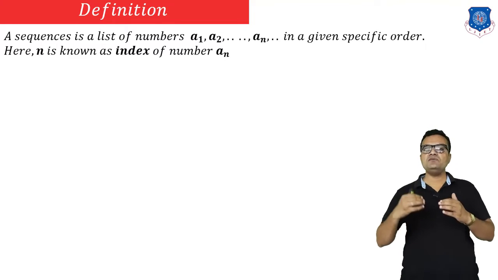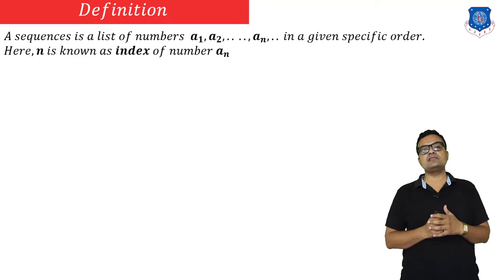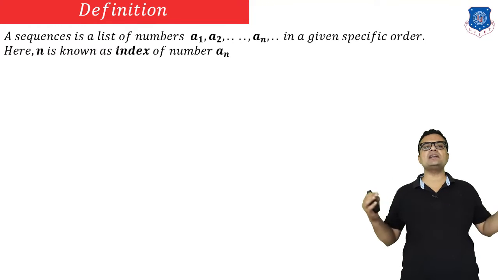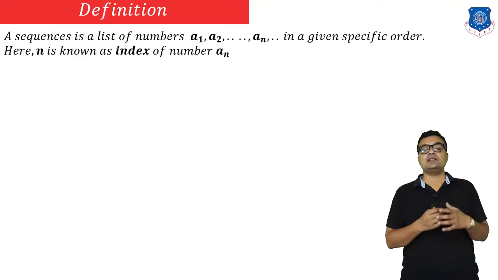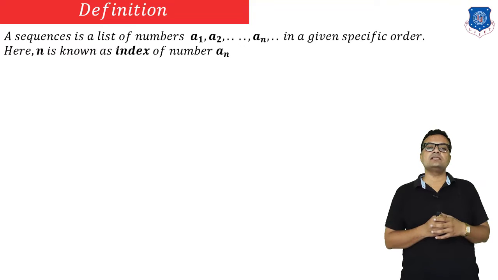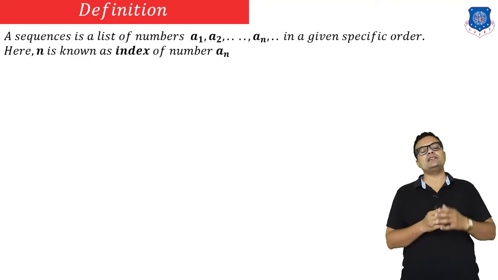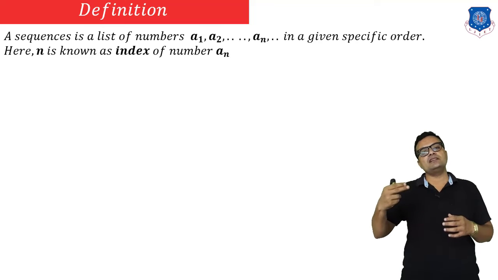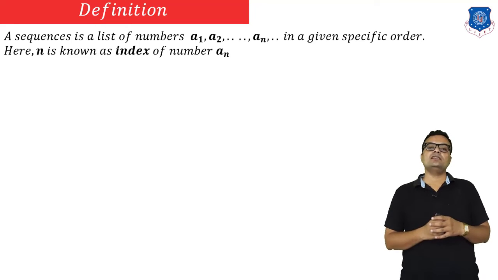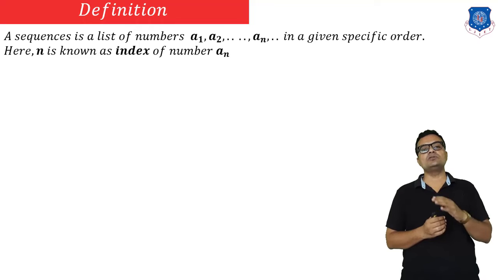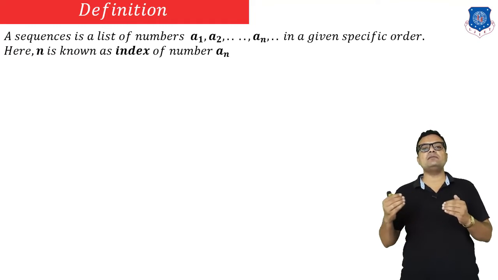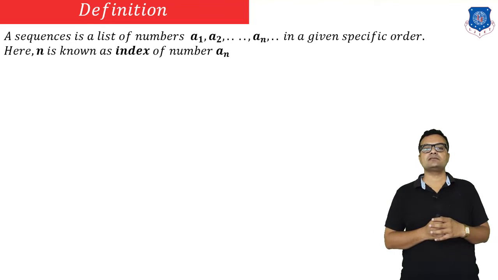Now what do we mean by infinite sequence? Infinite sequence means a sequence of infinitely many numbers. This will happen, for example, if I consider a ball which is again hitting the floor, and if I consider its jumps, then it is almost near to infinity. Because of some frictional forces, it will come to rest after a certain level, but still there are infinitely many jumps in this sequence.